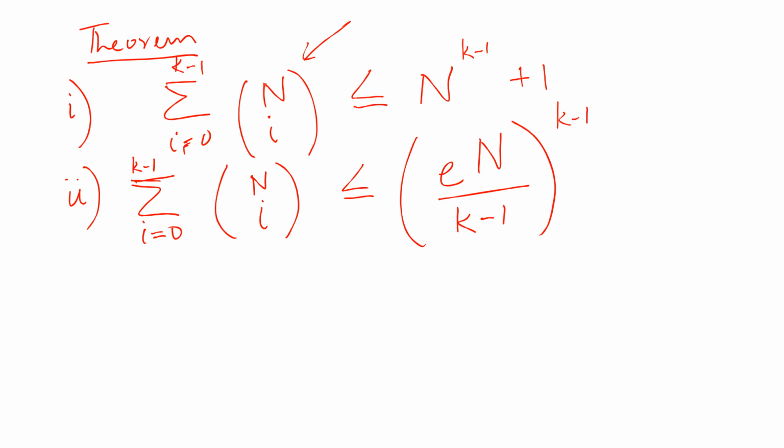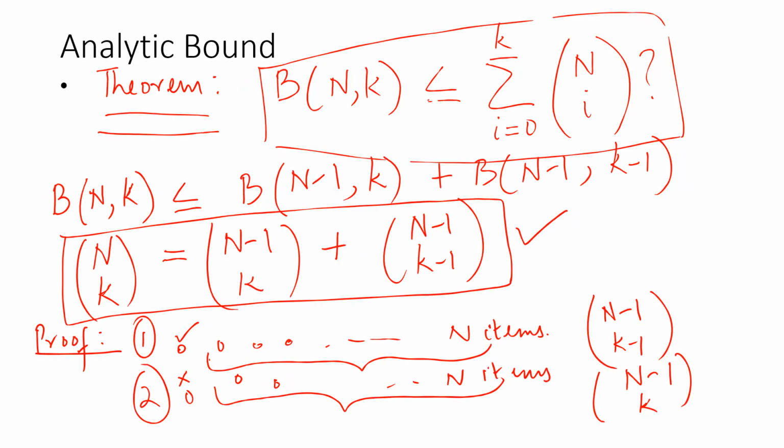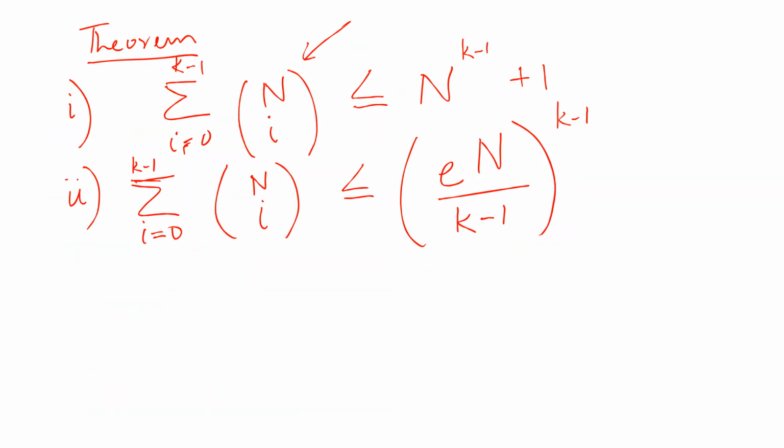As I said, why is this important? Because we are trying to create this link, right? So the whole point of showing you these identities is that the quantity on the right hand side is like the quantity on the right hand side in our analytical bound here. It is bounded by a polynomial. So indirectly, what we are trying to say is that this B_n of k is bounded by one of these.